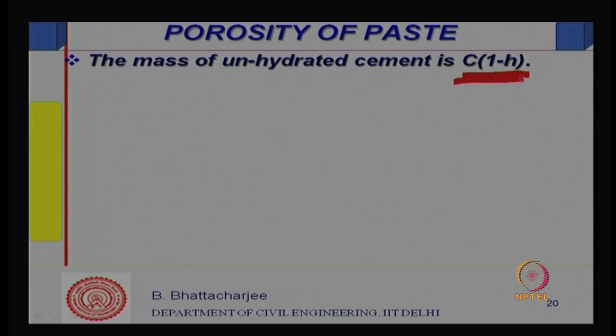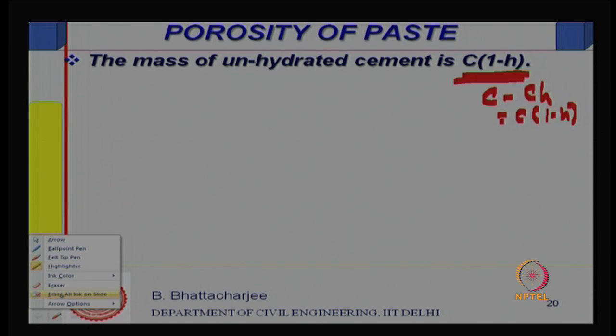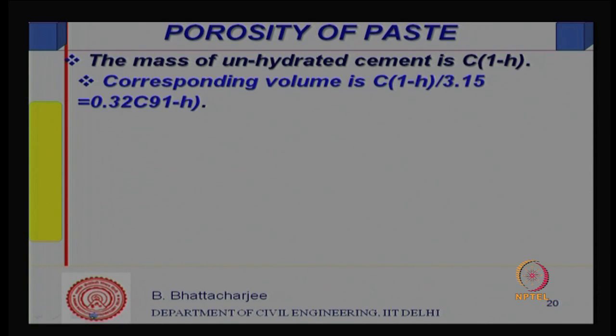The mass of unhydrated cement will be C into (1 minus H), because Ch has hydrated; originally C, minus Ch, is nothing but C times (1 minus H). Mass of unhydrated cement will be only this much, and the corresponding volume, because density of cement is 3.15, will be 0.32 C (1 minus H).